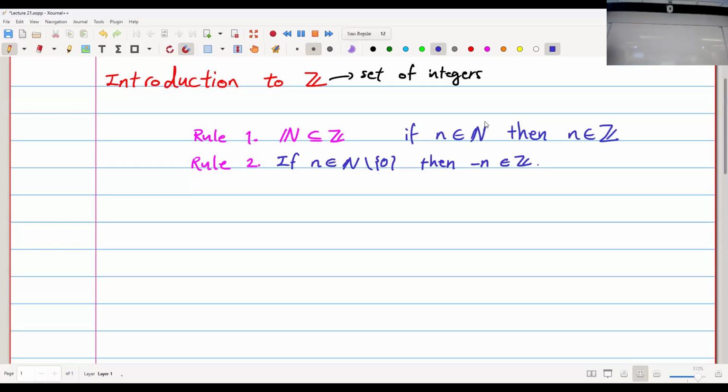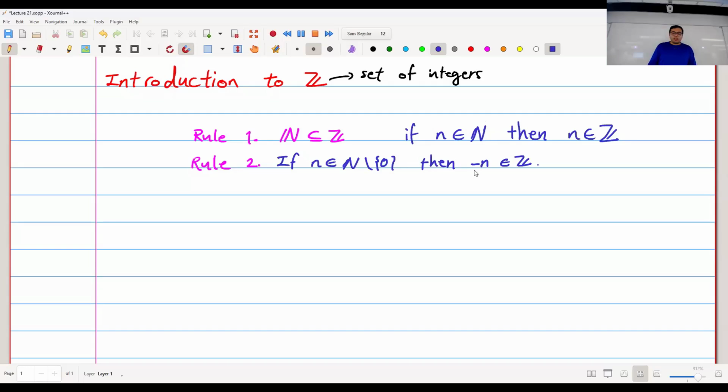And this minus N is kind of like a successor of N that we had in the definition of natural numbers. It's just a function that is applied to N. So if I have a natural number N, I have an integer which is minus N. And I'm not applying that to 0 because I don't want to have minus 0 in my set.